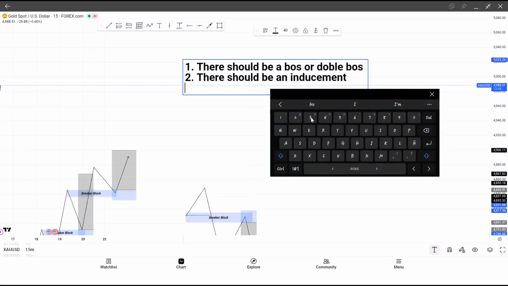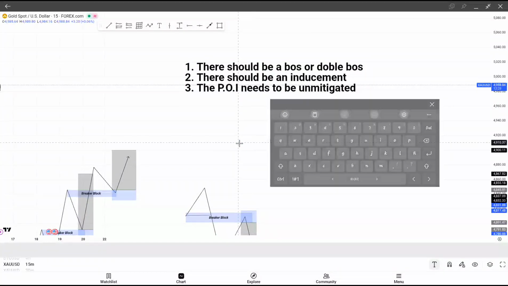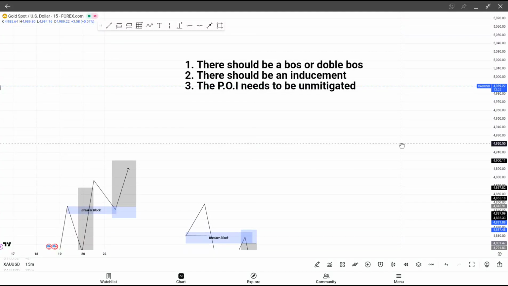All right. The third rule says, there are 4 rules, it's not too much. We are going to the third rule. The third rule says the point of interest, or let me just put POI, the point of interest needs to be what? Unmitigated. It means that that point of interest should be a point of interest that the market has not touched before, that the market has not used before.